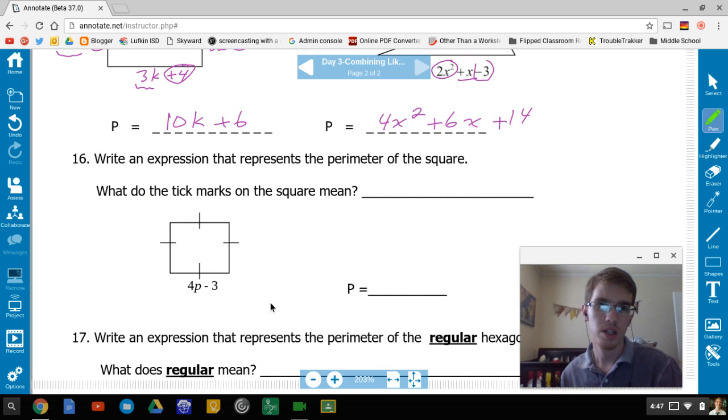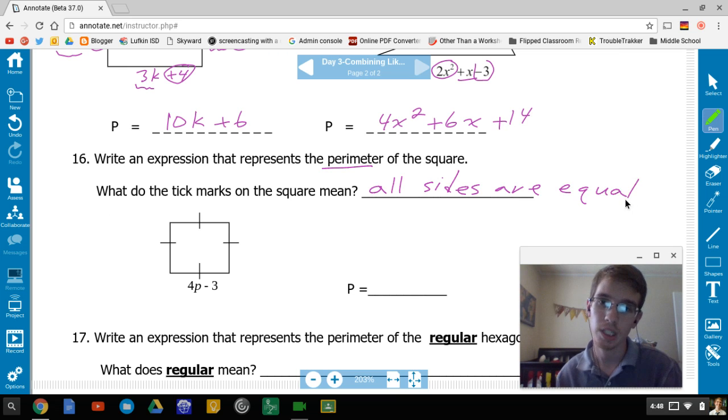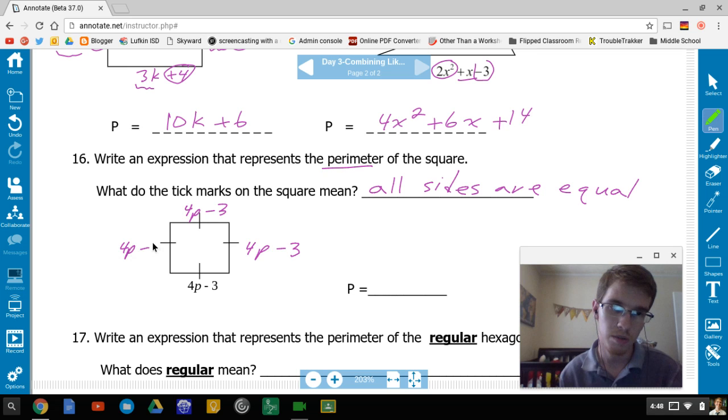Right, number 16, we're told to write an expression that represents the perimeter of the square. What do the tick marks on the square mean? Each side has a tick mark, and it means that all sides are the same. Or all sides are equal. So that means we can go ahead and just label these 4p minus 3, 4p minus 3, and 4p minus 3.